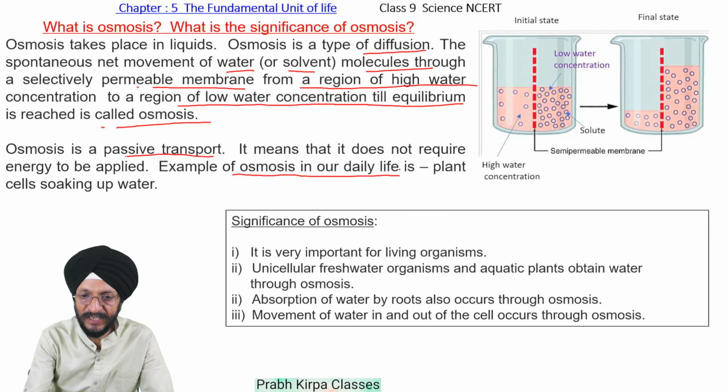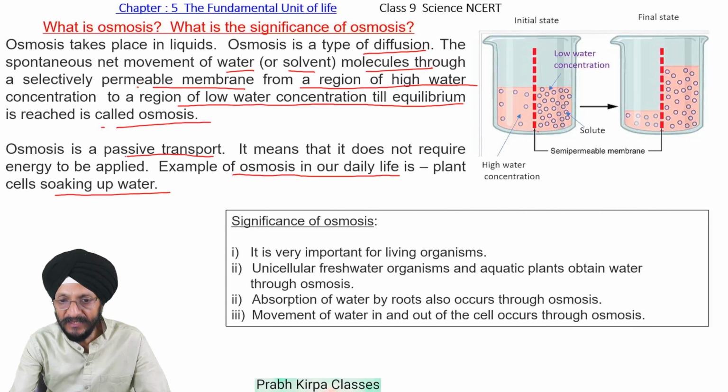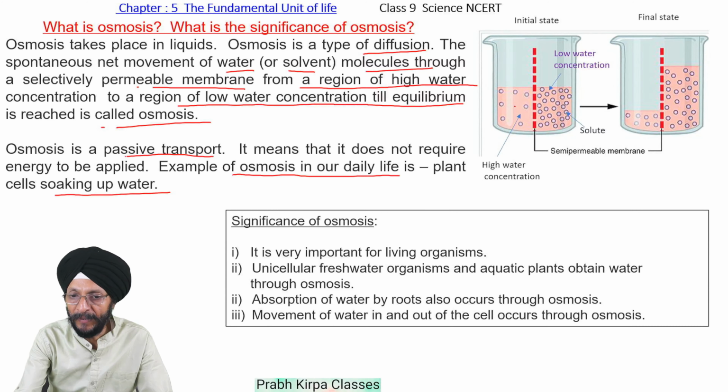Example of osmosis in our daily life is that plant cells soak up water. In this case, you will see that solute particles are in high concentration in here and there is low water concentration on this side of the jar. Here on this side of the semi-permeable membrane there is high concentration of water but solute particles are in low concentration.